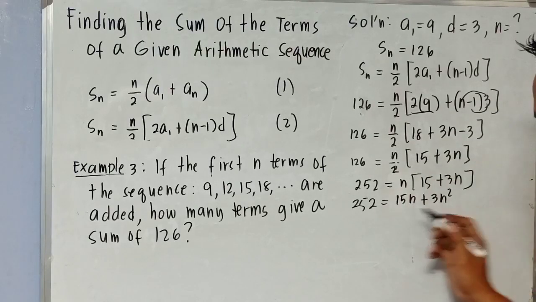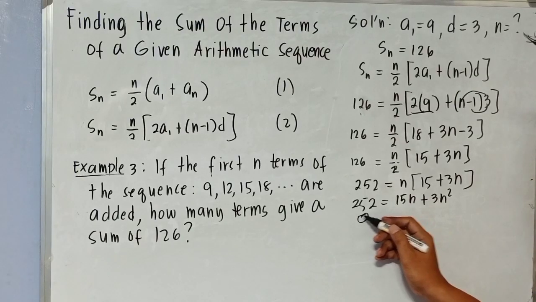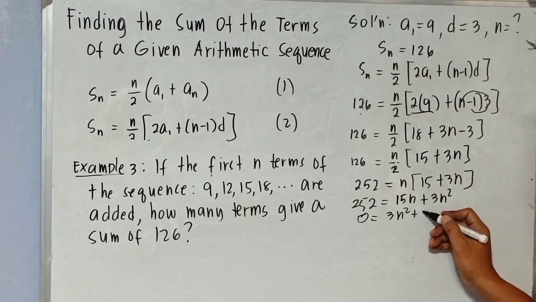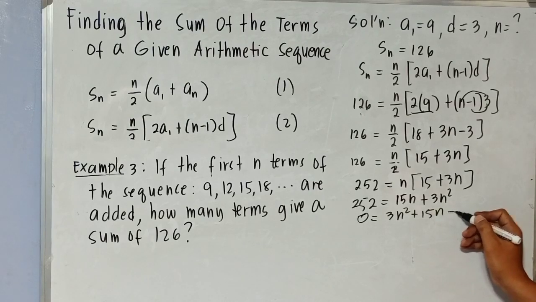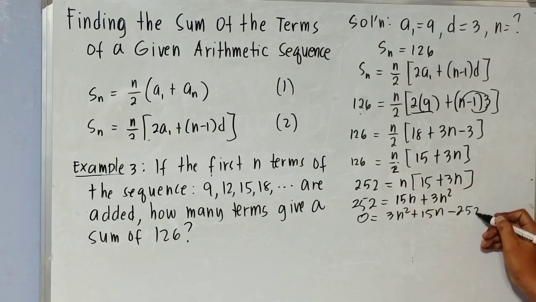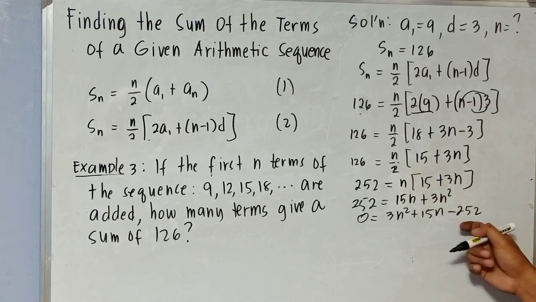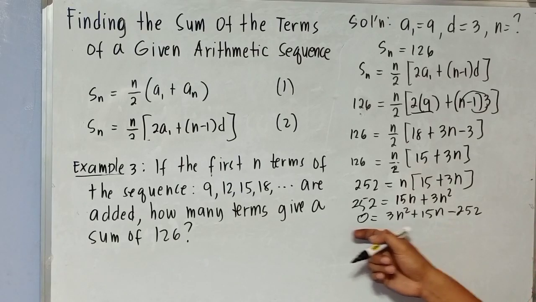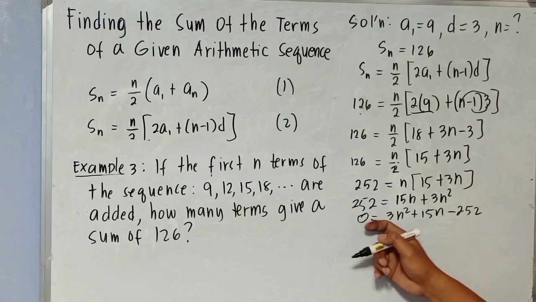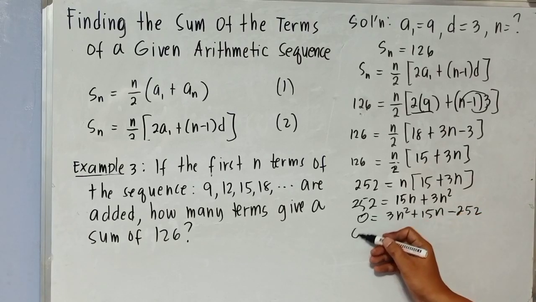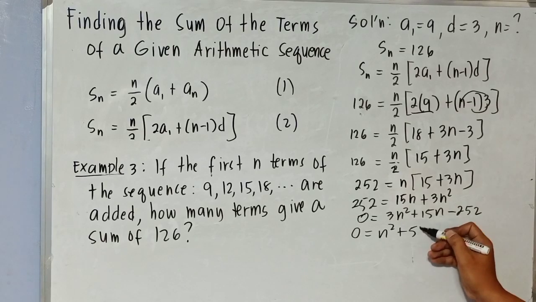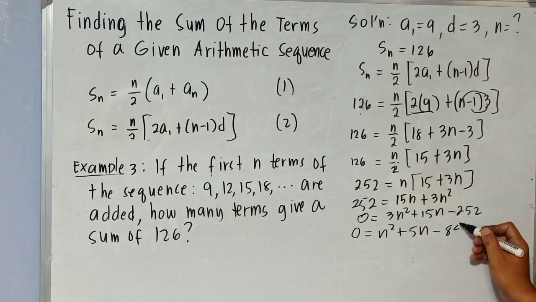Transpose 252 to the right side, this will become 0 equals 3n squared plus 15n minus 252. And this quadratic equation can be simplified to lowest terms, where the common factor is 3. So 0 equals n squared plus 5n minus 84.